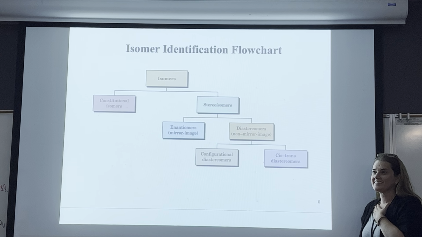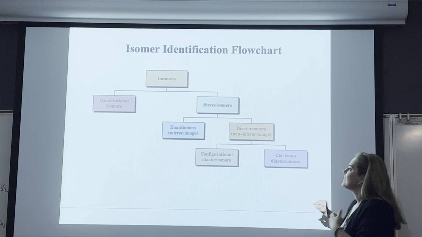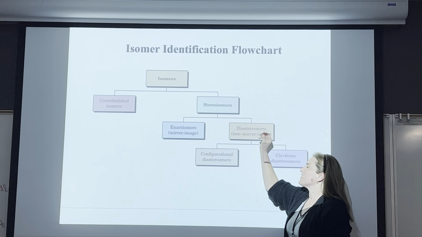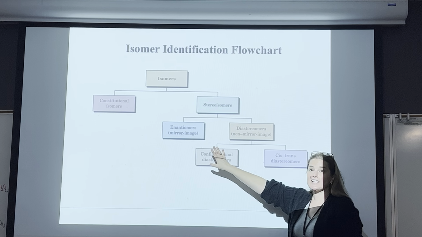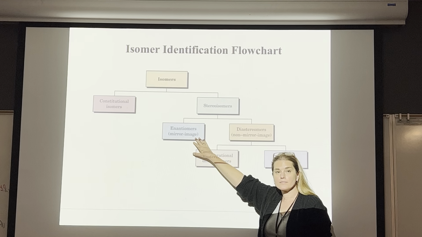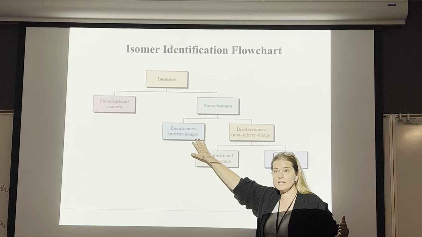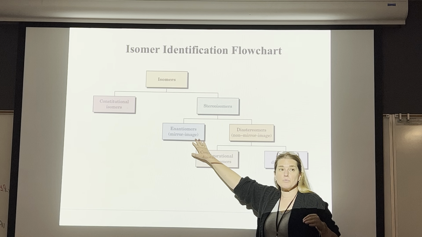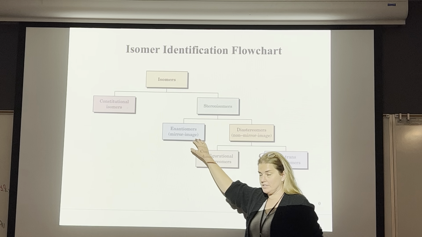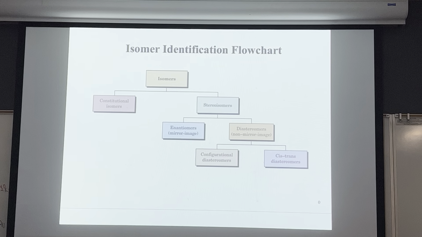Is that right, Connie? Yeah. Okay, all right. Those are the D ones. So the isomers that are enantiomers have the same molecular formula and the same atom connectivity, but they are non-superimposable mirror images.